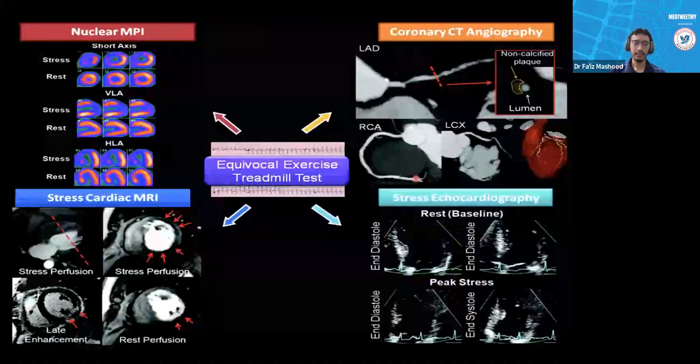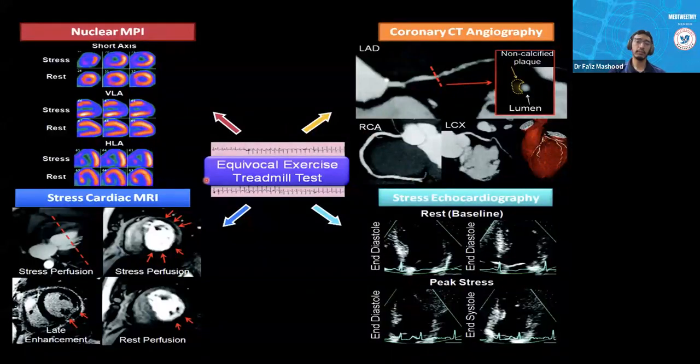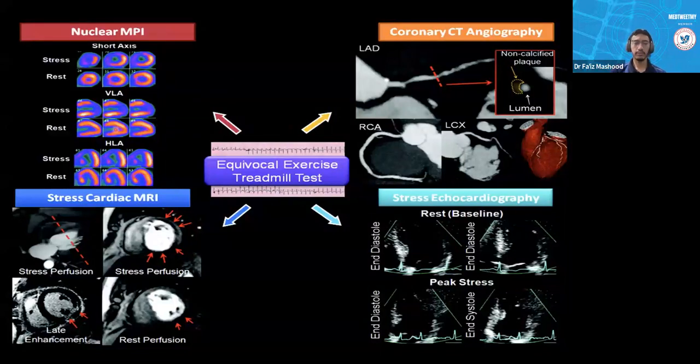Okay, I think we are almost finishing here. It mentioned here equivocal EST. EST is only equivalent to all of the tests I put here, cardiac MRI, DSE, CTCA, and nuclear perfusion, if and only if all these tests are not available in our center.